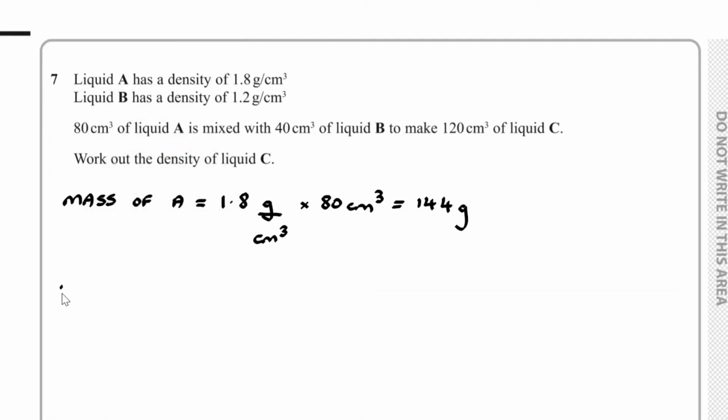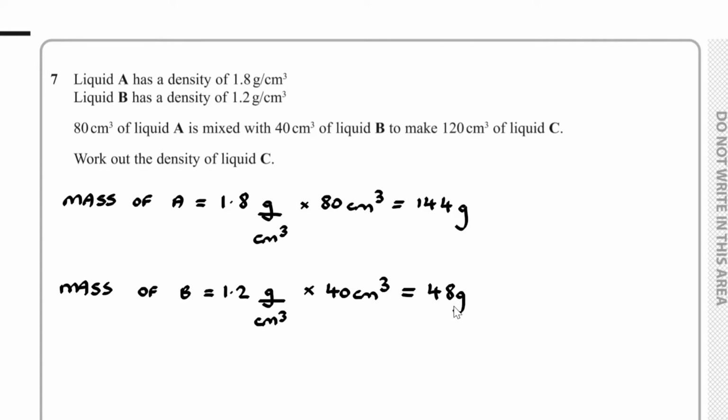If we work out the mass of B, we've got 1.2 grams per centimeter cubed multiplied by 40 centimeters cubed, and if I work out what this is, we have 48 grams.